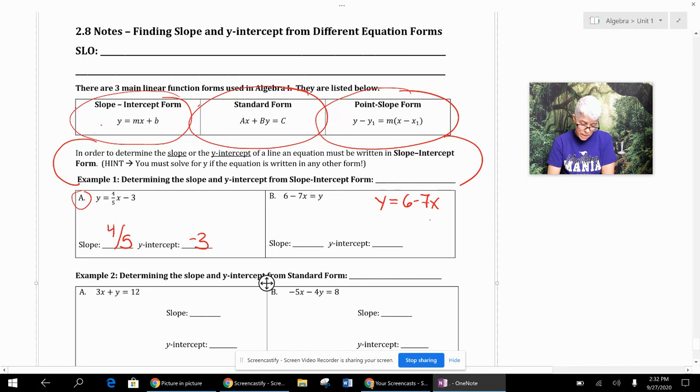I'm going to keep the y on the left-hand side. I'm going to flip the negative 7x and the positive 6. And now I have an equation that is in y equals mx plus b form. So my slope is negative 7 and my y-intercept is 6. So it might be as simple as just rearranging things.